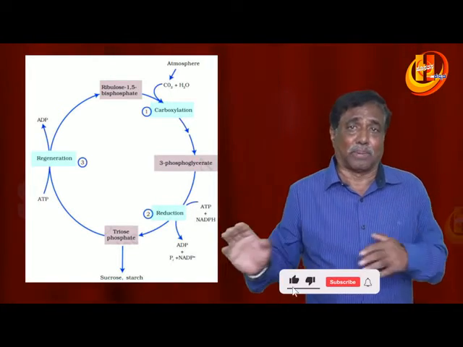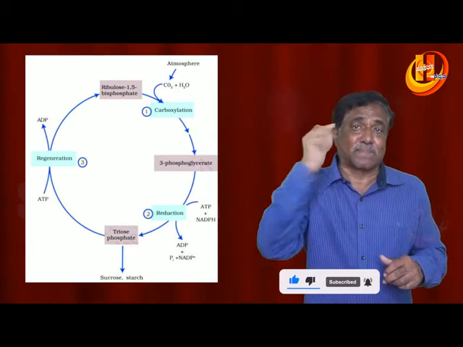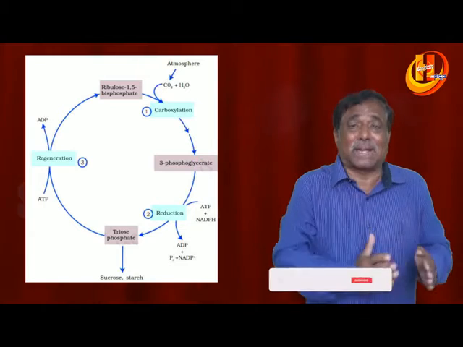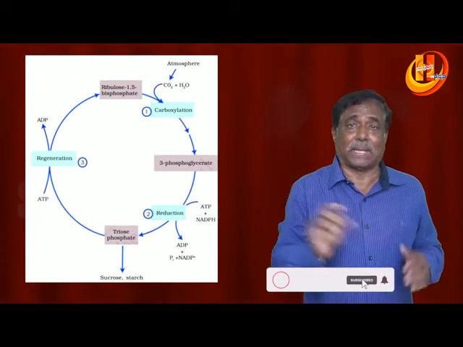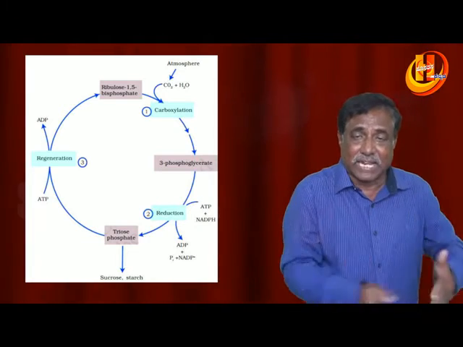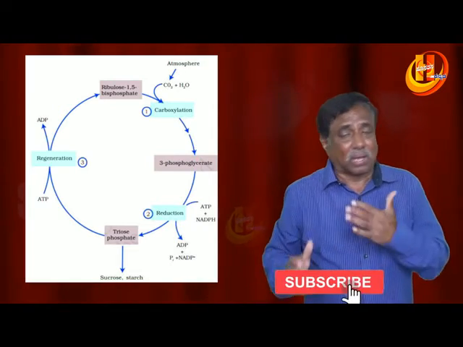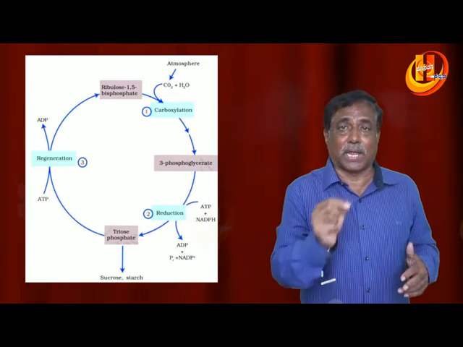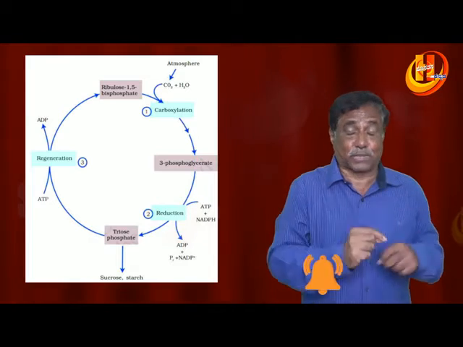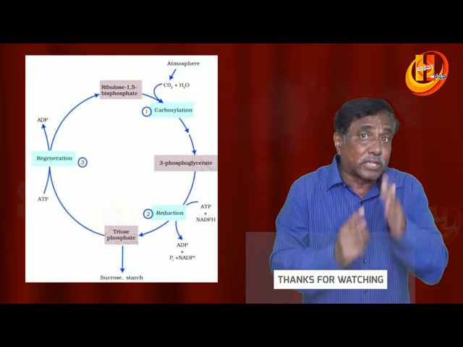RuBP, that is ribulose bisphosphate, where 6 molecules of ATP are used up. And 6 molecules of RuBP, in the presence of the enzyme RuBP carboxylase, give an unstable compound, or 12 molecules of PGA, phosphoglycerate, the first stable carbon compound produced during the dark reaction.